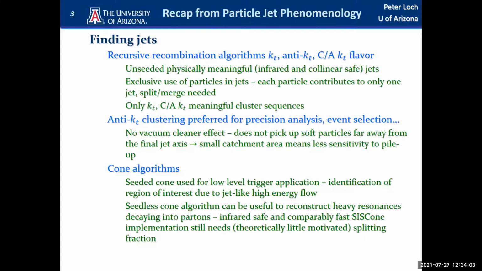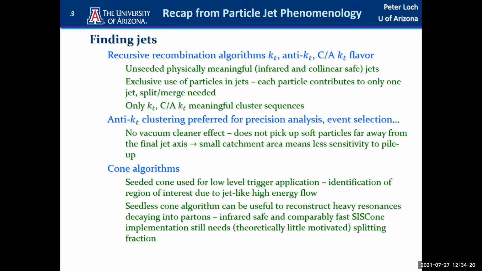In general, the anti-kT configurations are preferred for precision analysis and event selection, topology cuts and so forth, mainly because this algorithm does not have the so-called vacuum cleaner effect that the kT has.